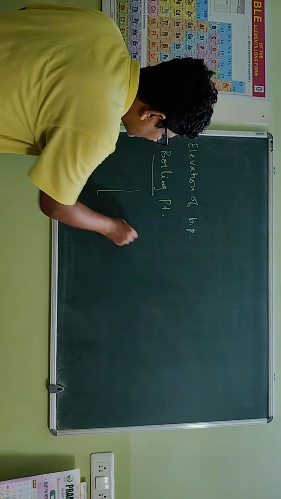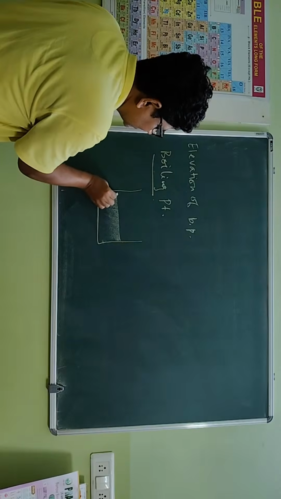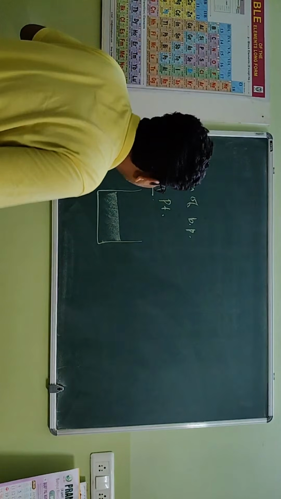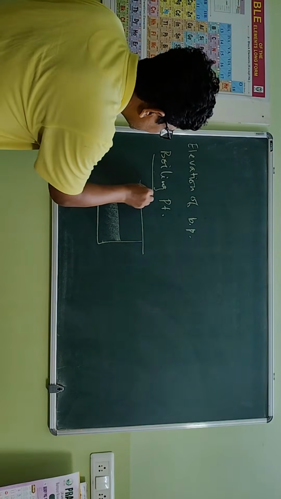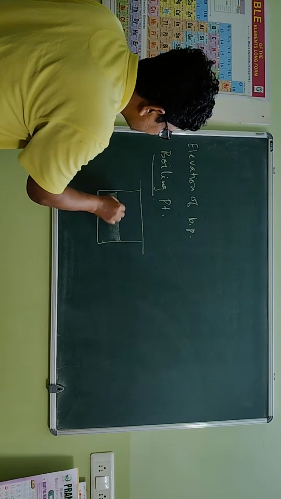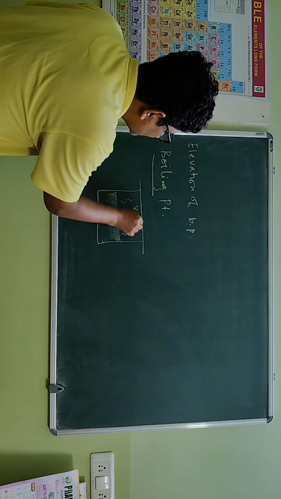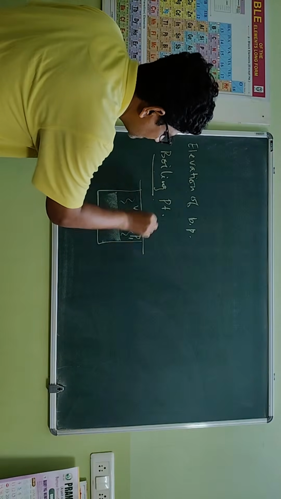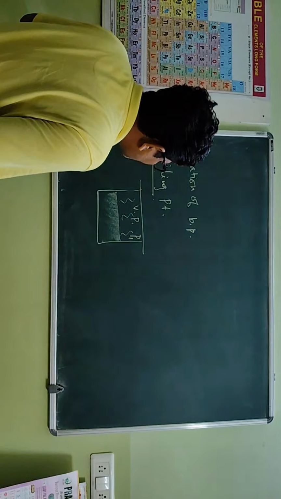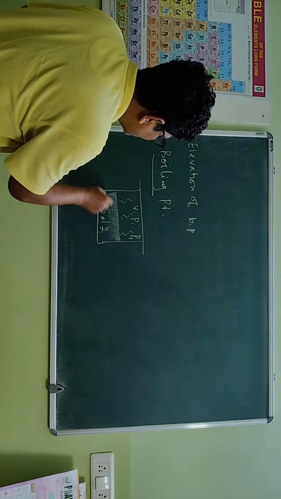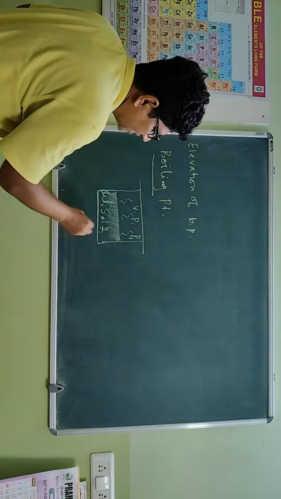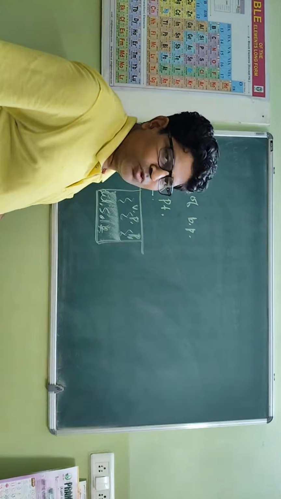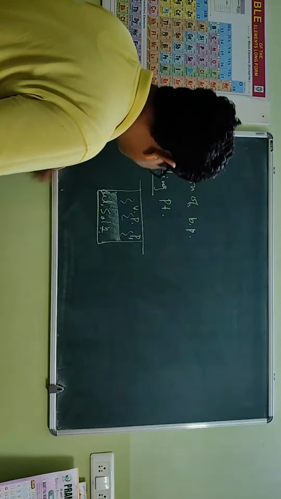So if we take a solution here in a container, and if we consider at a particular temperature there is a vapor pressure that is P1 for a dilute solution having non-volatile and non-electrolyte solute.